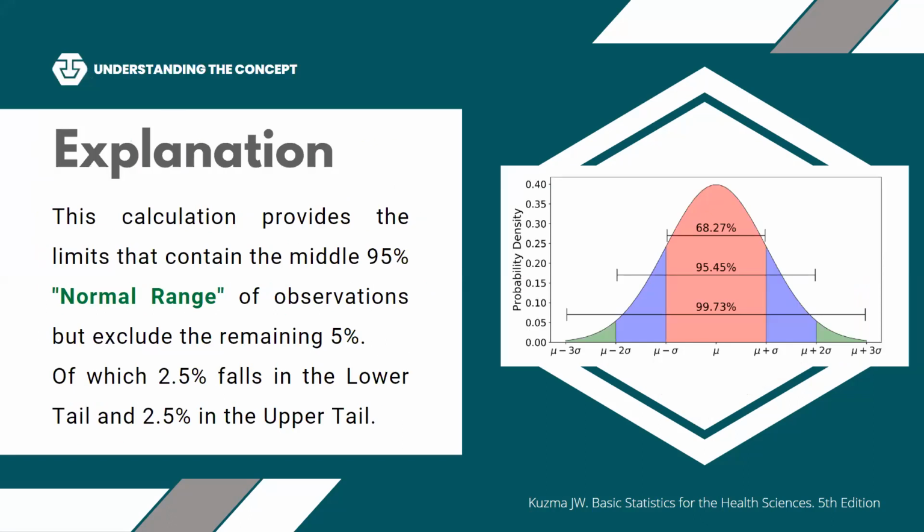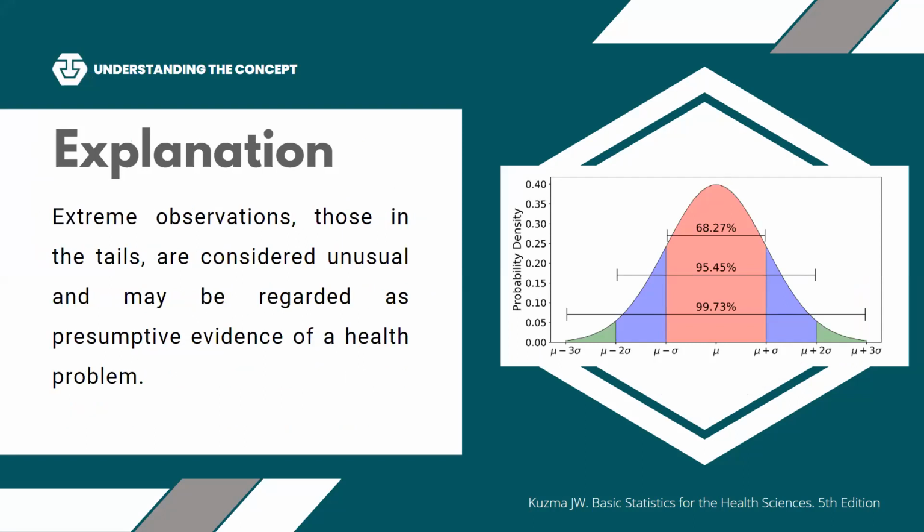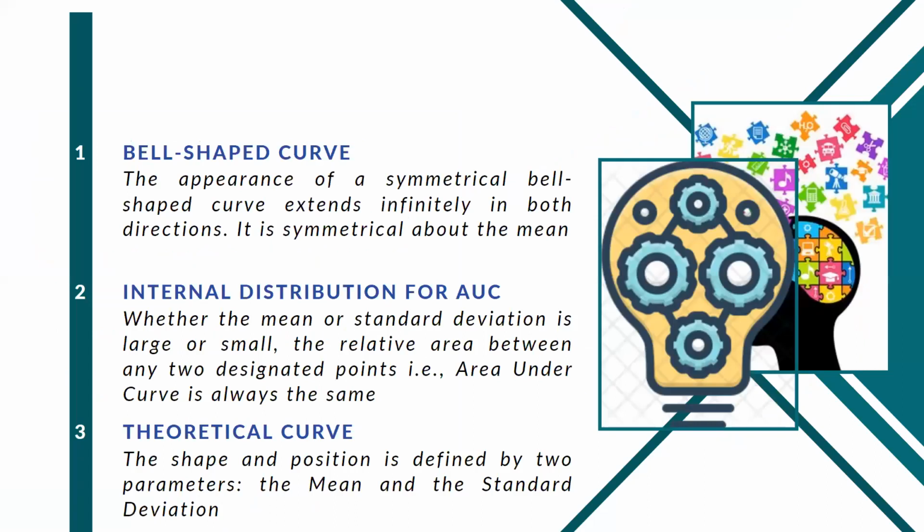This calculation provides the limits that contain the middle 95%, which is a normal range of observations, but it excludes the remaining 5%, of which 2.5% falls in the lower tail and 2.5% in the upper tail. Extreme observations, those in the tails, are considered unusual and may be regarded as presumptive evidence of a health problem.